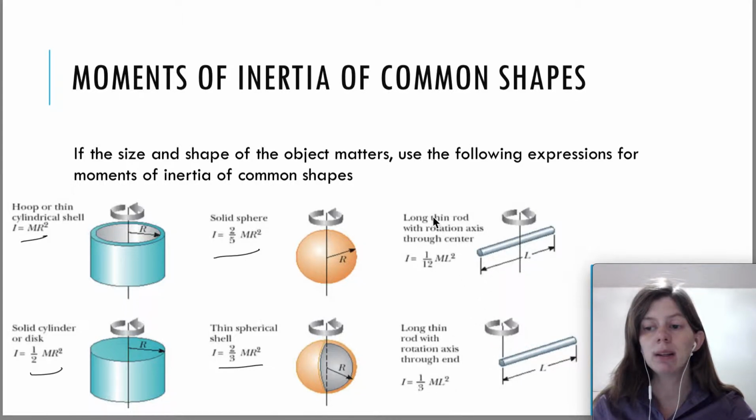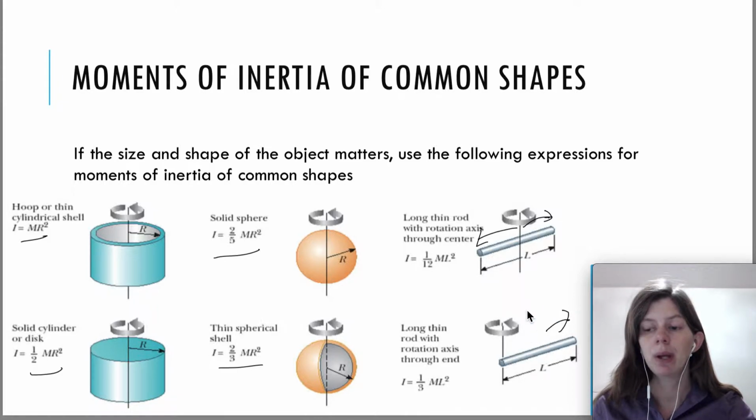So hide these expressions, don't look at them, just look at the pictures and think about which one has the greater moment of inertia. The one that has the mass distributed the further away from the axis overall. So in the first case here, you've got some mass that is at the most this far away, while in the second case, when the rod is rotated about the endpoints, you've got some mass that is further away.